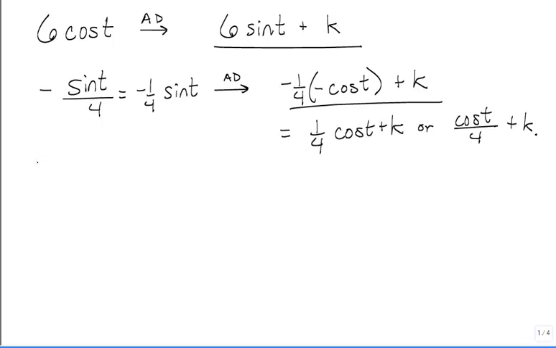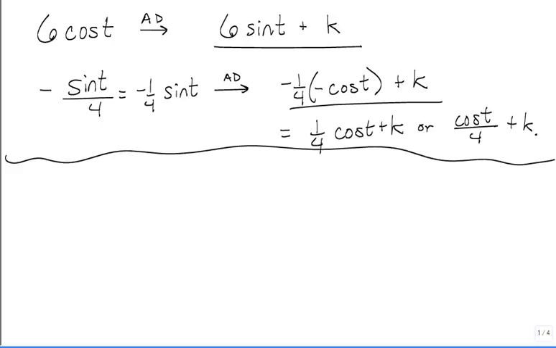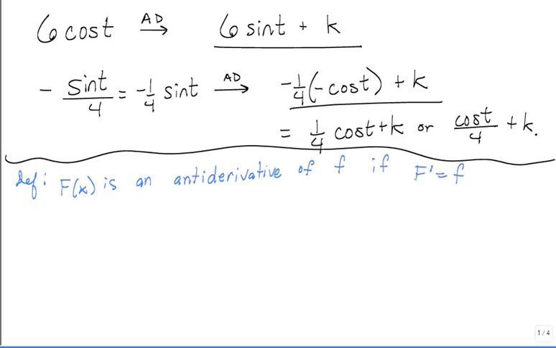Okay, so let me just give you the definition. Capital F of x is an antiderivative of f if F prime is equal to f. So this function in here, the capital F, is the antiderivative for all x in an interval.